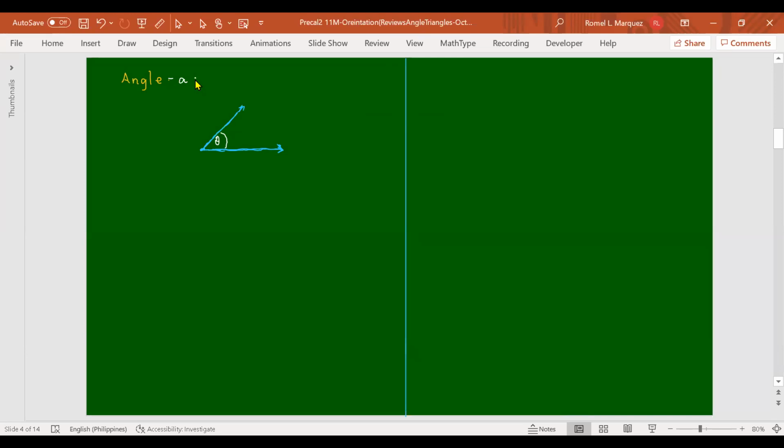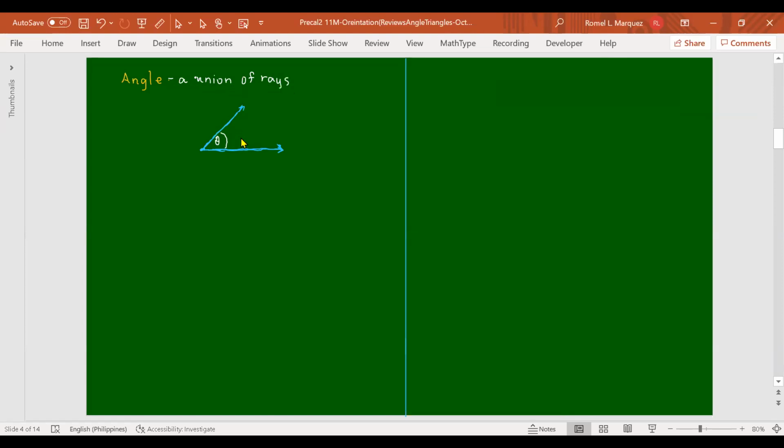Sir, the angle is defined as the space between two intersecting lines or a surface close to the point where they meet. So, kumbaga, yan yung space between two lines po. Okay. So it means it is a union of two rays.